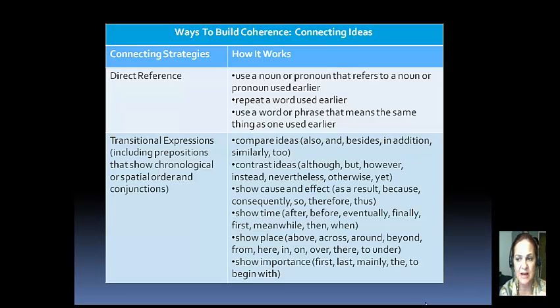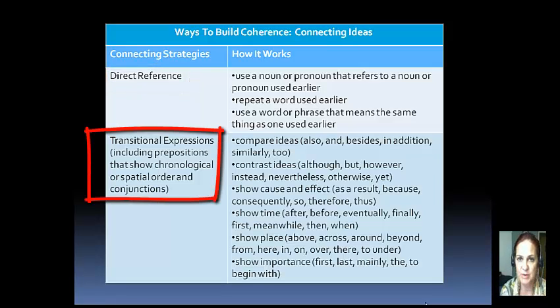Notice you have direct reference, where you are referring to something earlier in one of these three ways. You directly refer to it, you repeat the word, or you rephrase the word. Or you have a transitional expression, which shows a logical connection.